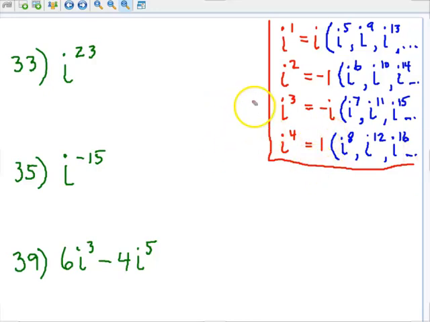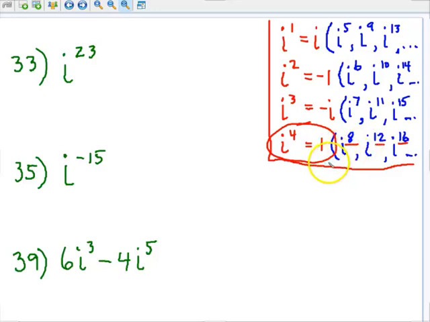But here's the easy way to simplify these powers of I. It's really focusing on this. Every time, if you notice, every time we have I that is raised to a multiple of 4 power, like 8, 12, 16, 20, 24, 28, it doesn't really matter.